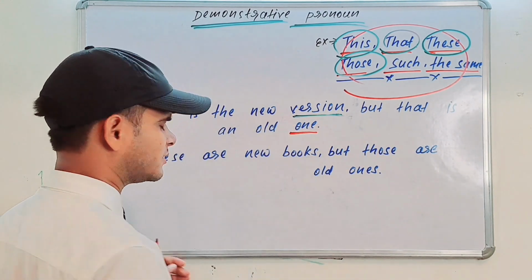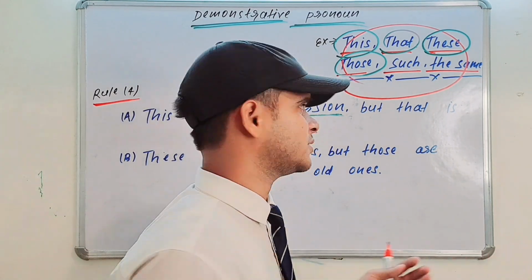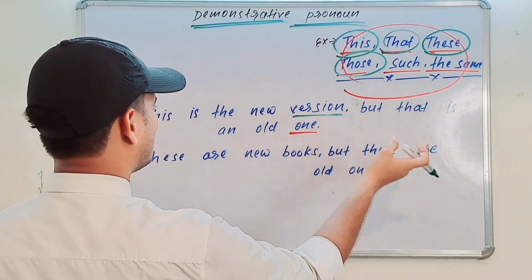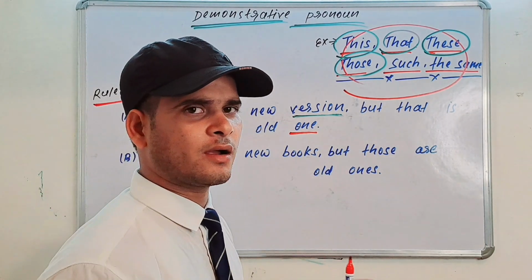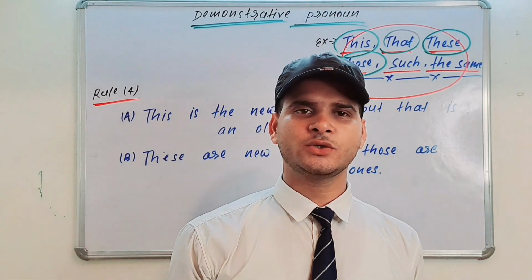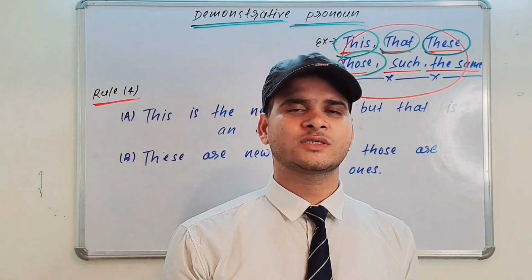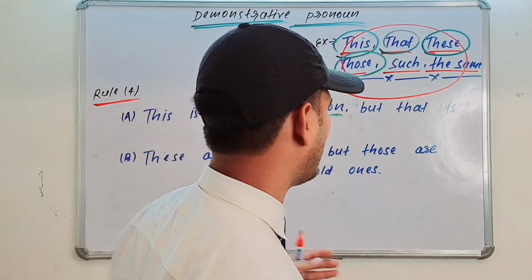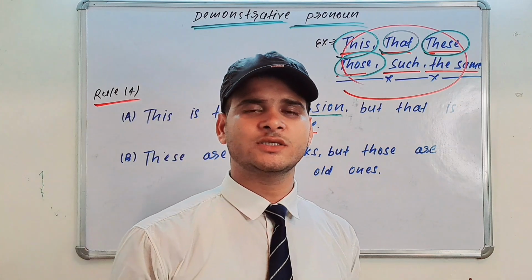Or, this is the new car, but that is an old car. But don't say it like that, don't use the repetitive use of a singular countable noun. That's what I just told you.